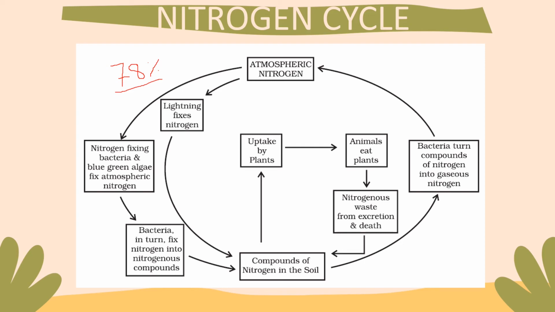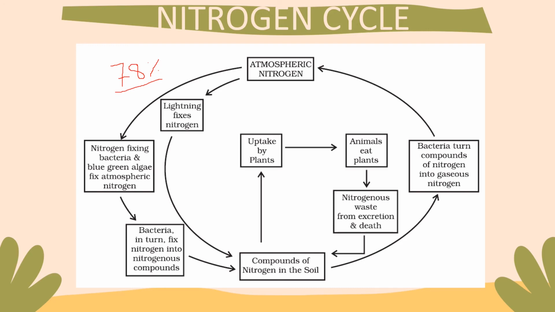It means there must be a cycle where atmospheric nitrogen is converted into nitrogenous compounds, and these compounds are again broken down into atmospheric or gaseous nitrogen. But how does it happen?